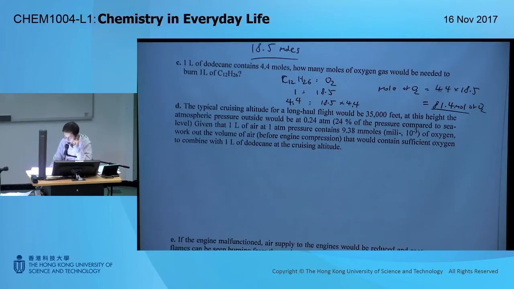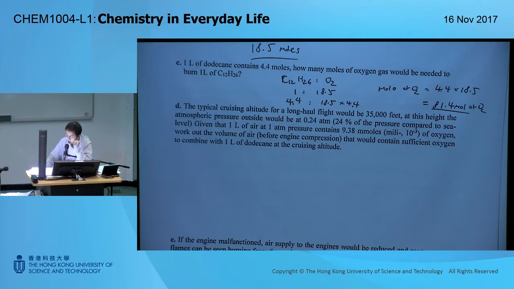So the interesting question comes: the typical cruising altitude for a long-haul flight would be 35,000 feet. At this altitude, the atmospheric pressure would be 0.24 atmosphere, meaning that it's 24% of the normal atmosphere at sea level.